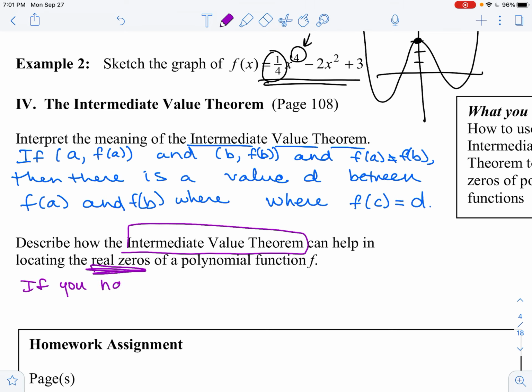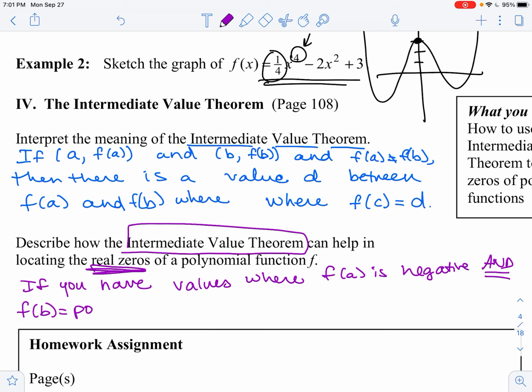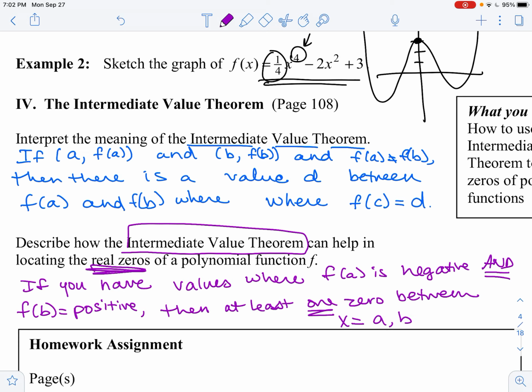If you have values where f of a is a negative value and where f of b is a positive value, then we know, because between a negative and a positive value there's got to be a zero, that at least 1 zero between where x equals a and b has to exist. So that's one way that we can look for zeros.